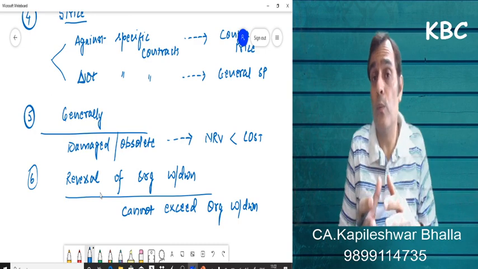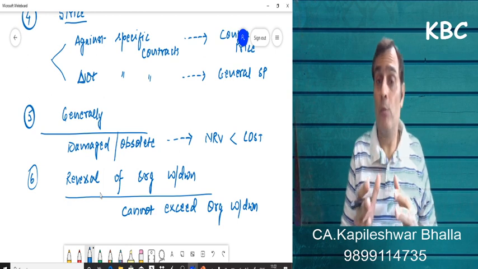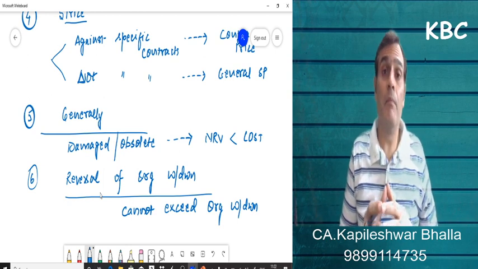So you can reverse what you wrote off, but the amount of reversal cannot exceed the amount of original write down.